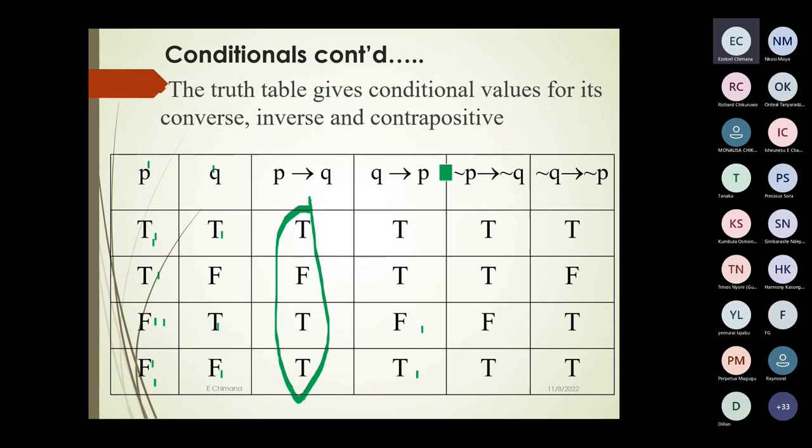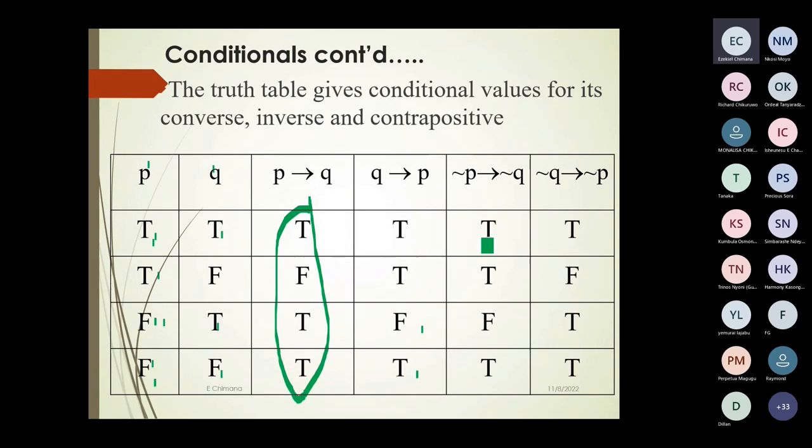And then for the negation of P implies the negation of Q, I think here you need a separate column for the negation of P and for the negation of Q. Why? Because you cannot actually do it directly here. The negation of P is false here, and the negation of Q is false here. So it will be false implies false.